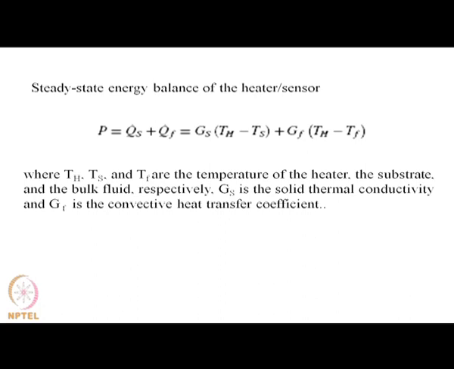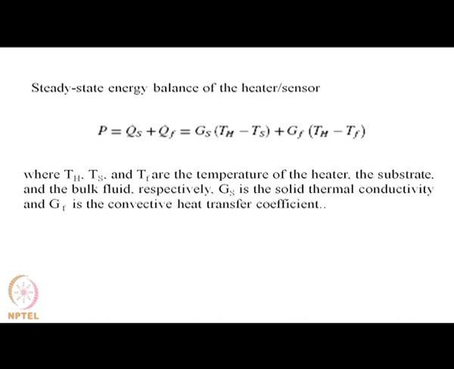Now, the total power lost by the heater is a function of Q convection and a function of Q conduction, which are the first and the second terms of the equation that I have written, where TH, TS and TF are the temperature of the heater, the substrate and the bulk fluid.